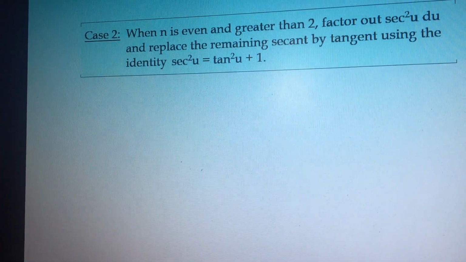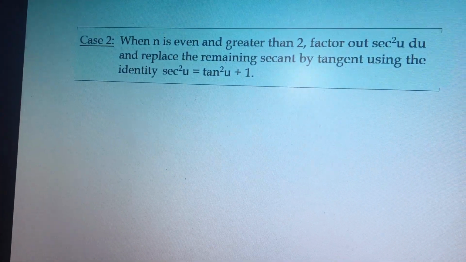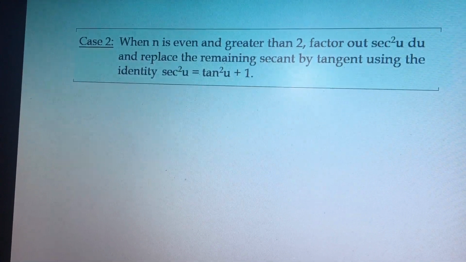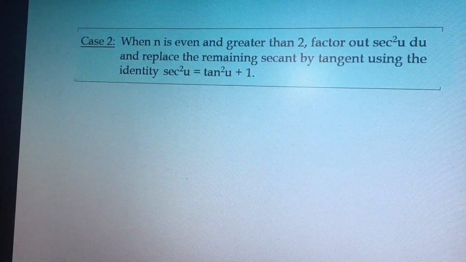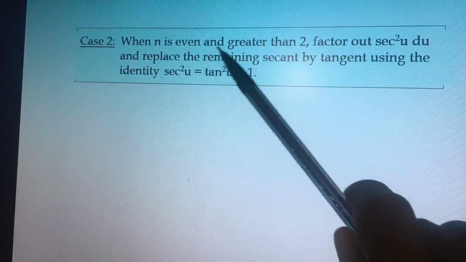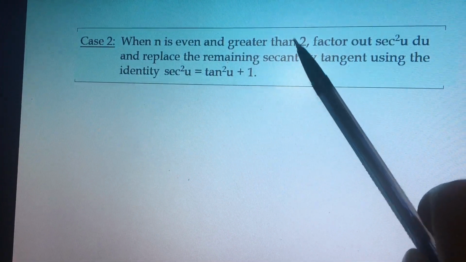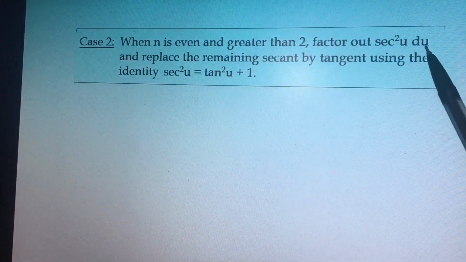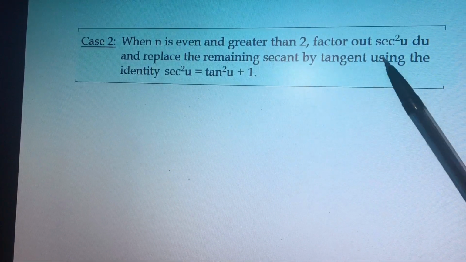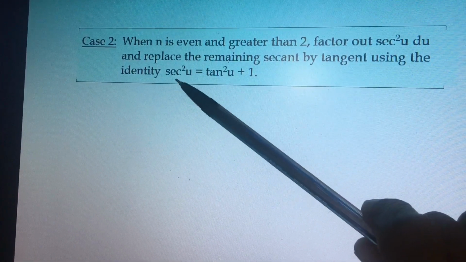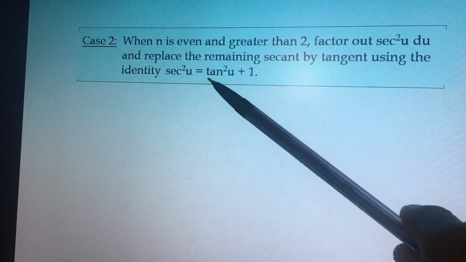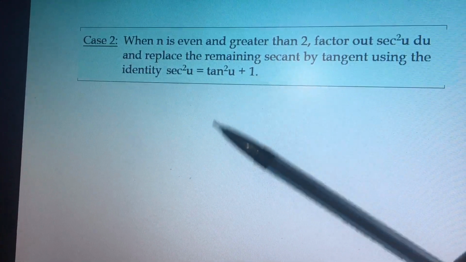In case 2, we have to take note of this concept: when n is even and n is greater than 2, we need to factor out secant squared u du and replace the remaining secant by tangent using this trigonometric identity: secant squared u equals tangent squared u plus 1.